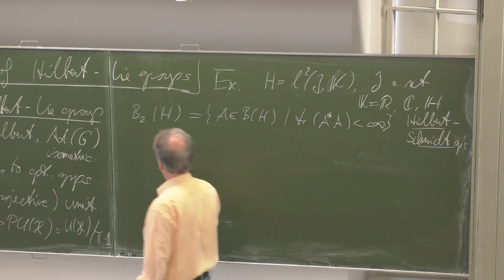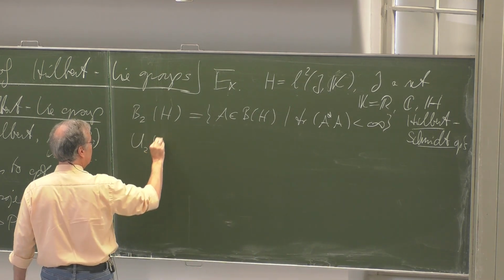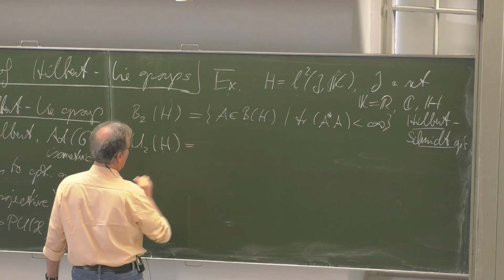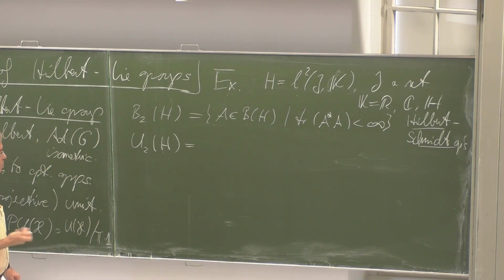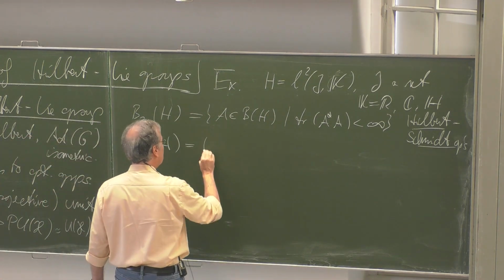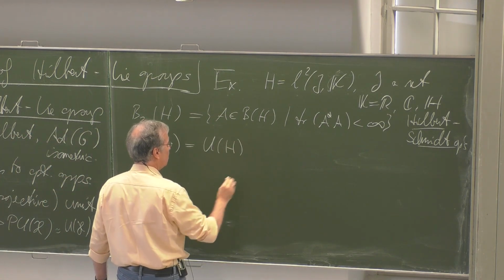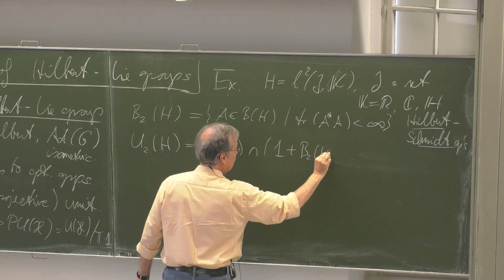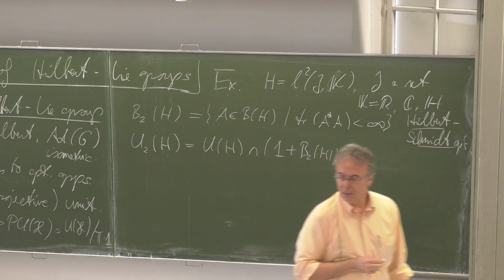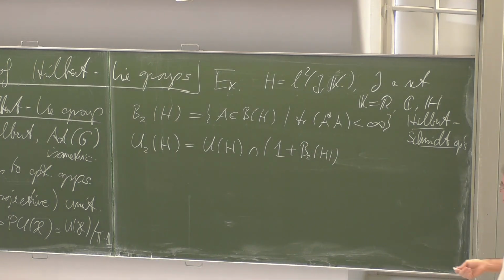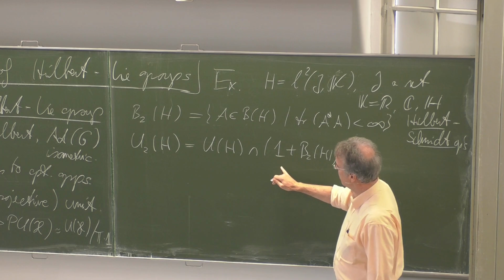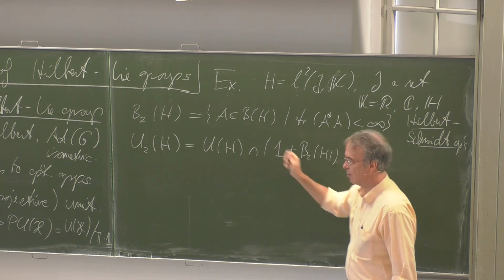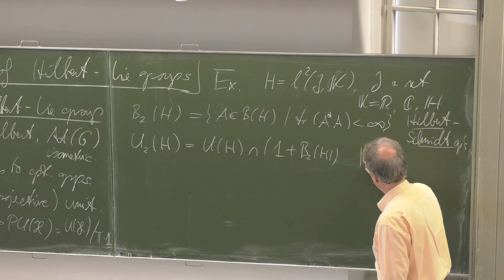Accordingly, you can specify a restricted or smaller unitary group just by intersecting the unitary group of this Hilbert space with 1 plus Hilbert Schmidt operators. And this becomes, in a natural way, a Lie group modeled on the intersection of Hilbert Schmidt operators with the Lie algebra of the unitary group. So this is the Hilbert Lie group.